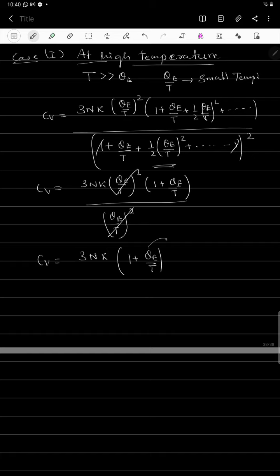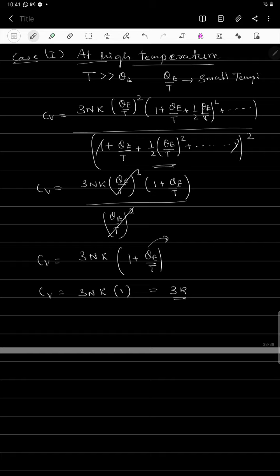I have told that this is a small value. If we add this small value to 1, it is nearly equal to 1. So Cv equals 3nk into 1, and this we can write as 3R.